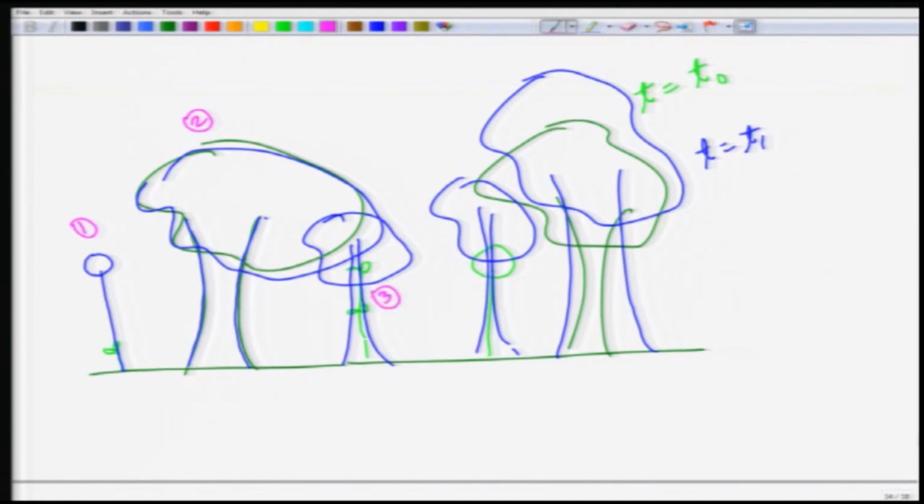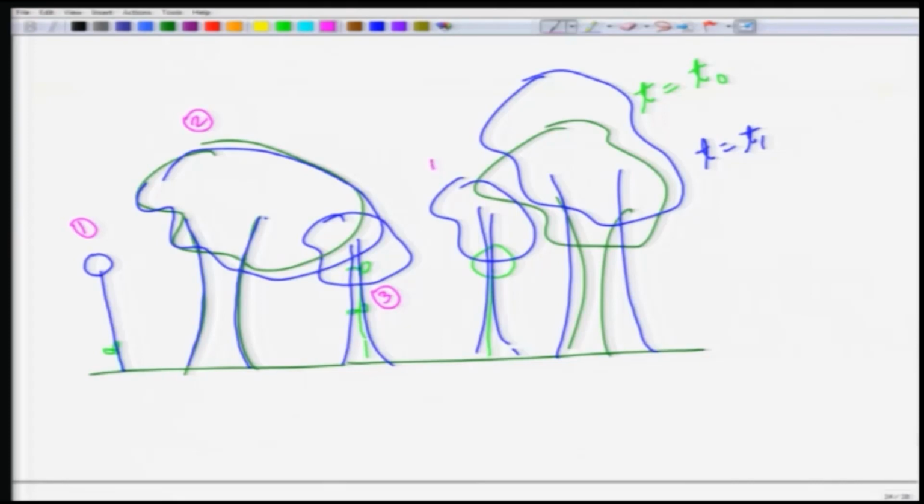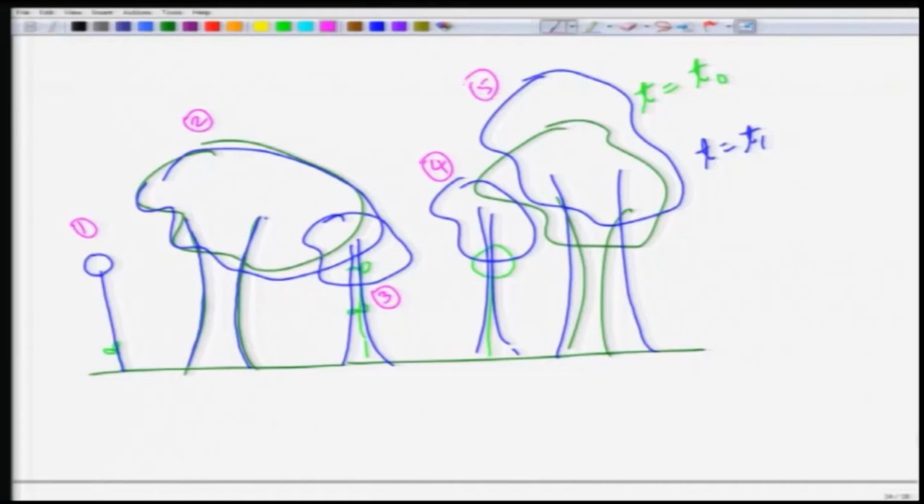This third plant was not counted in the first computation, but during the second computation, say after 5 years, it has reached that diameter that it is now countable. The fourth plant was not counted in the first instance, but it is now counted in the second instance. The fifth plant was counted in the first instance and also in the second instance.